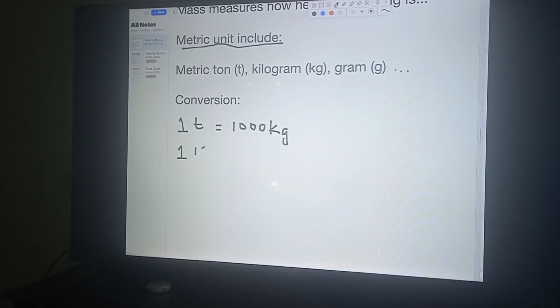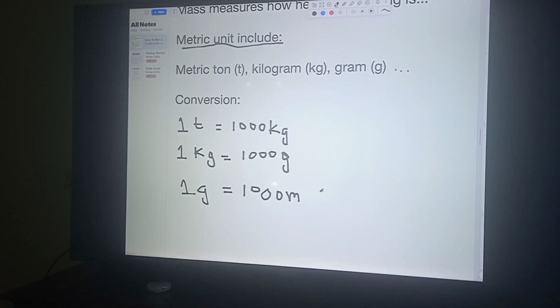So 1 kg is equal to 1000 gram. Further, gram can be converted into milligrams. So 1 gram is equal to 1000 mg, whereas mg is for milligram.